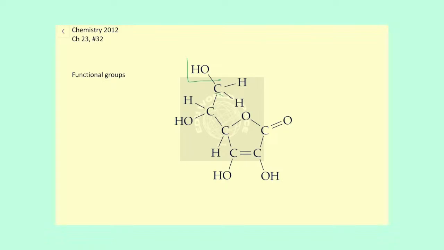Moving on to the next carbon right here. We'll look at everything connected to it. We got carbons, hydrogens, and this another OH group right here. So another alcohol group. Okay. So moving on, I'll start using a different color. Moving on to our next carbon.